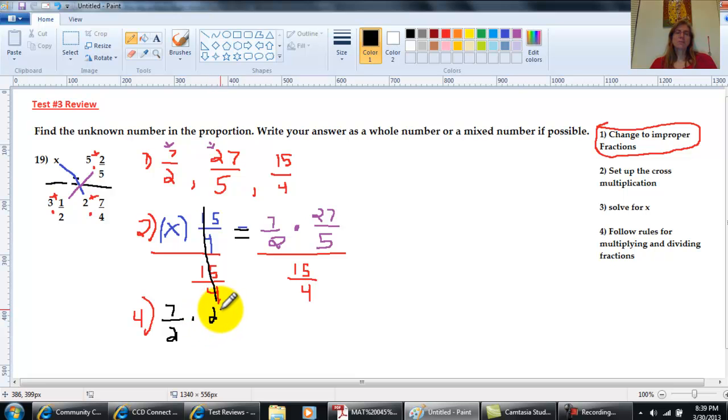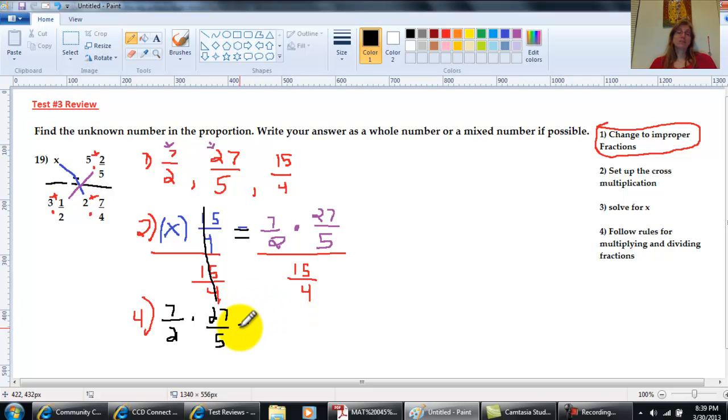And any time you have potential cross-canceling, you should do it. We don't here because 2 does not go into 27 or 7. 5 doesn't go into 7 or 27. They don't have any common factors between them. So we just have to multiply.